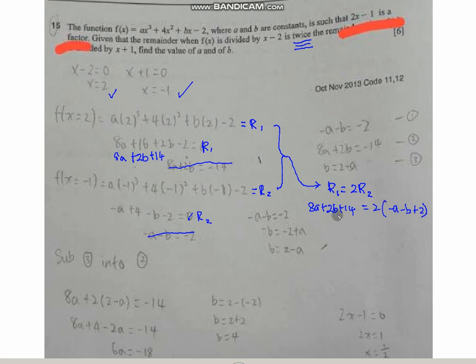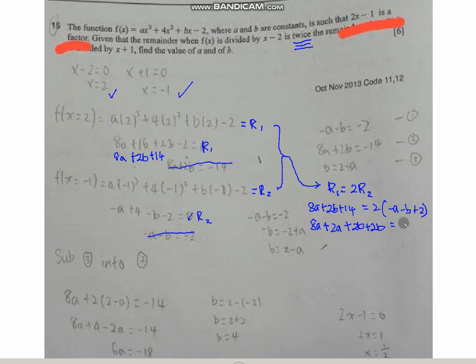Now we have to simplify this. By simplifying this, we get an equation consisting of a and b. So 2a, I bring the 2a over here, becomes plus 2a. Then the 2b, I bring the minus 2b, will become plus 2b.